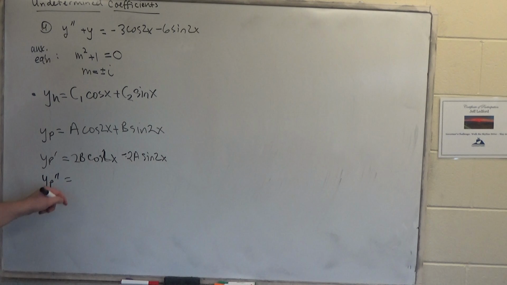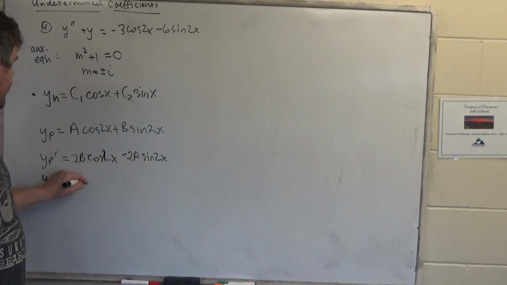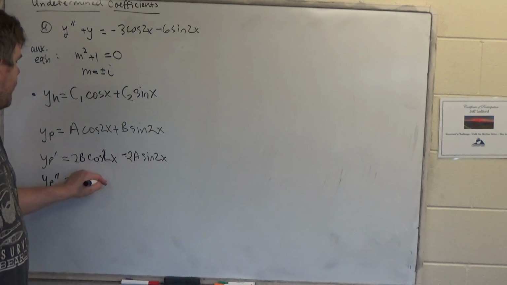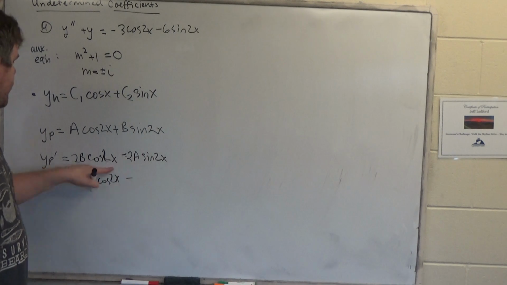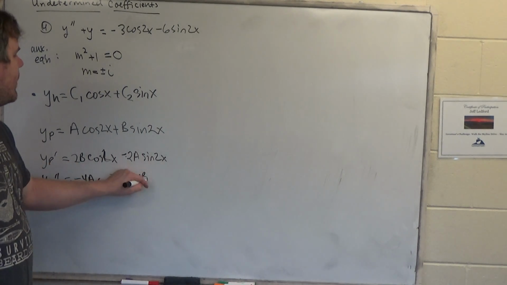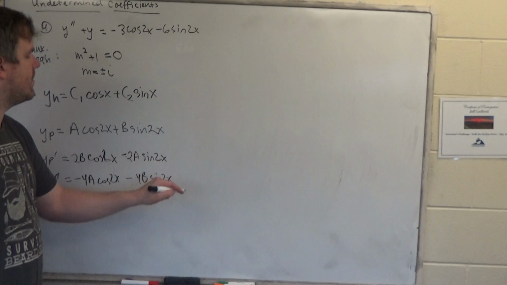Yp double prime is, if I take the derivative of this one, I'm going to get negative 4a cosine 2x. And if I take the derivative of this one, I'll get negative 4b sine 2x.